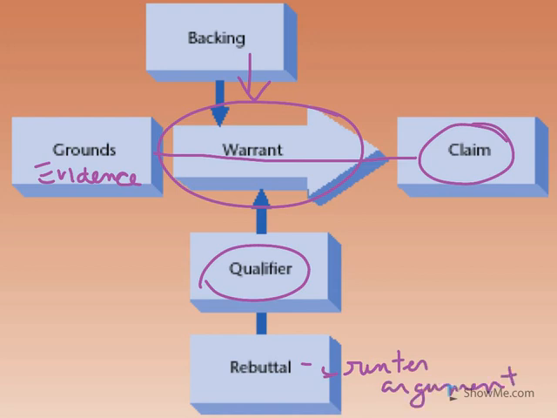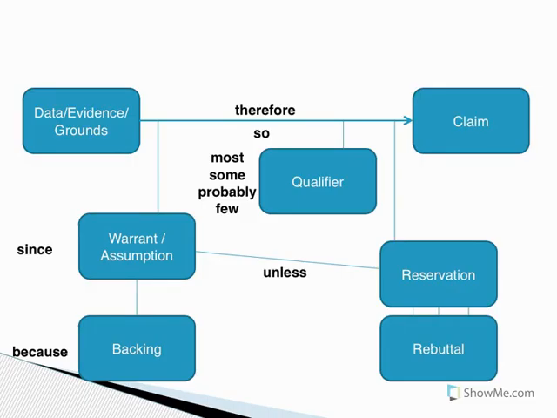I want to show you one more way of thinking about it. And here is another visual way of looking at the Toulmin model. Same concept, however, this time we're looking at words that connect them. So we have some type of data, and so therefore we have this claim here. And we know that this data is sound, or it goes along with this claim, because we have this warrant.